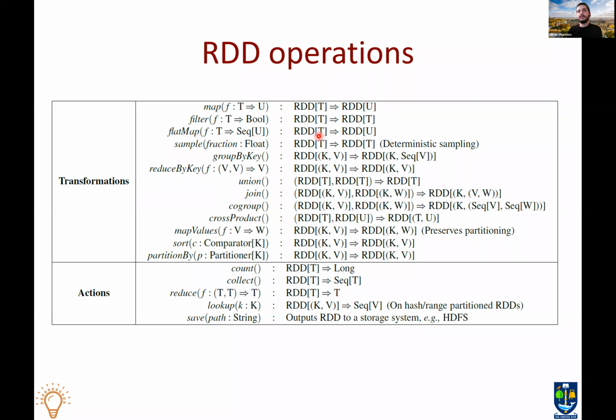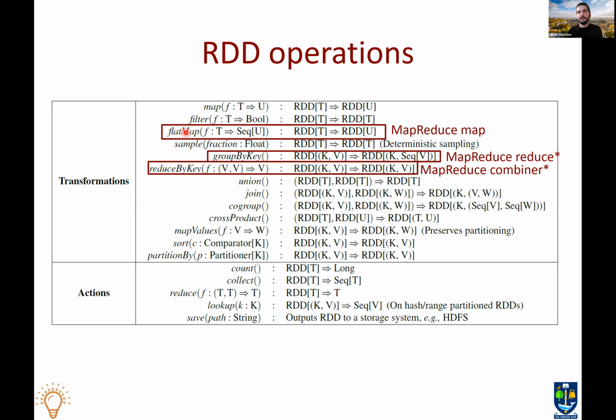Filter will take an RDD in the input. For every item in the input, it will apply a function that returns a Boolean. If that function returns true, then that item is copied to the output. If the function returns false, then that item is dropped. It's not copied to the output.